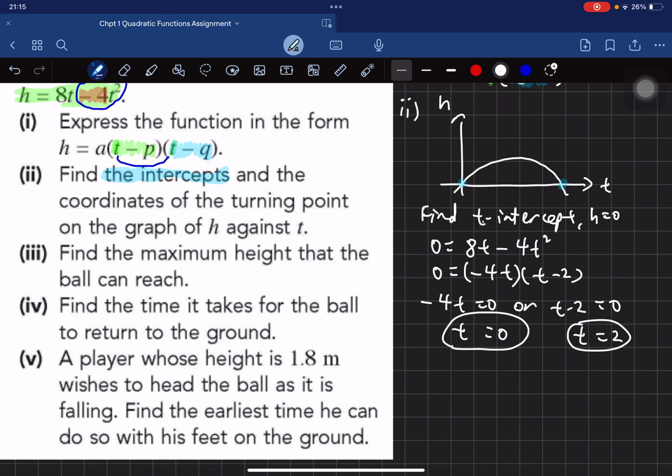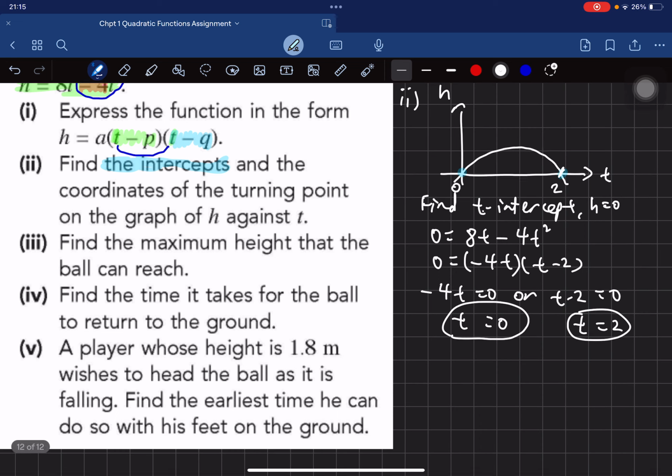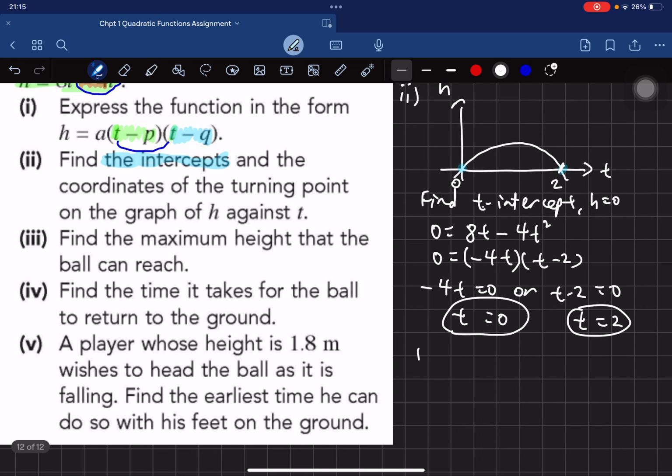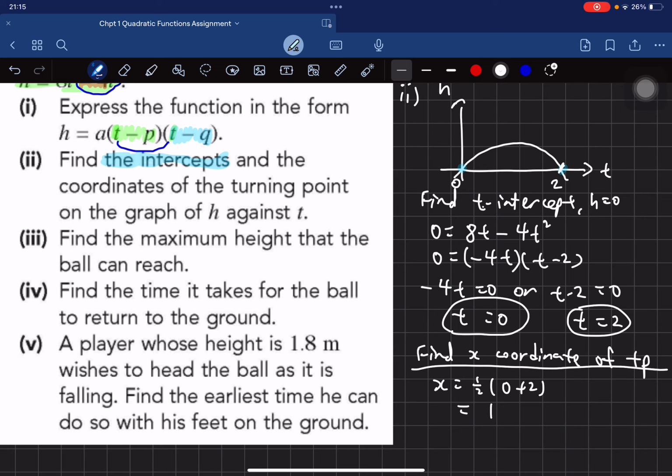Since we know here is 0, here is 2, find the x coordinate of the turning point. So x equals half of 0 plus 2, which equals 1.